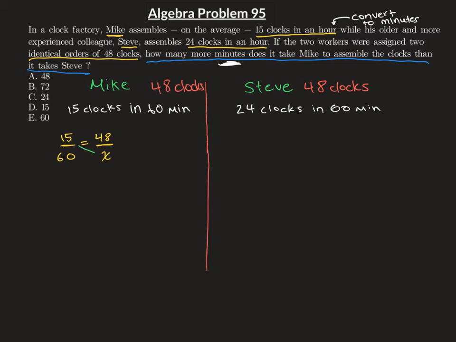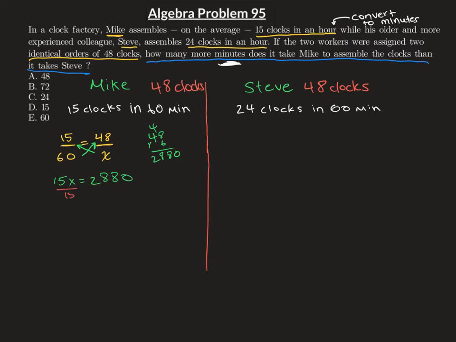So we're left with 15x is equal to 48 times 60. So 48 times 6, and that'll be 0 on the end. So equal to 2880. Now we isolate x.